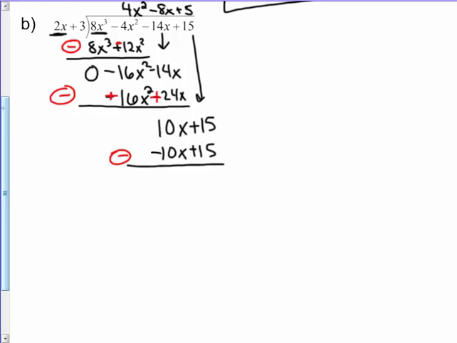The 15 becomes negative as well. So basically the minus sign you can get rid of as long as you distribute that negative here. What do I get? I get 0, which means there is no remainder. So my final answer is just 4x squared minus 8x plus 15. Or plus 5, I'm sorry.